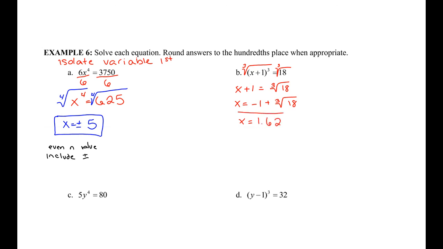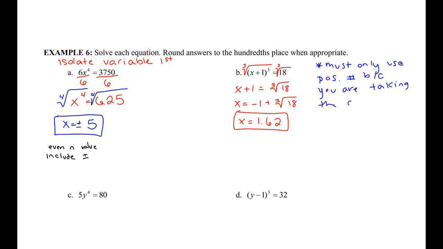So let's make a little side note off to the side. You must only use the positive number because you are taking the cube root of a positive number.